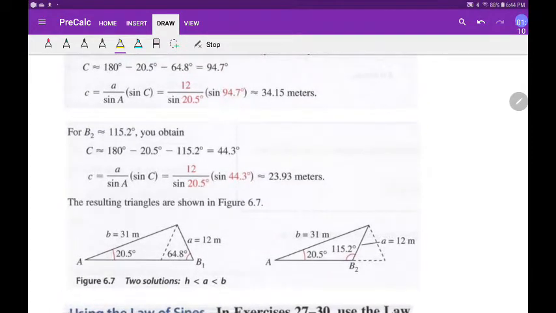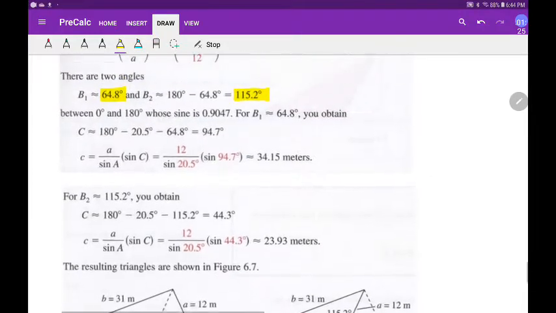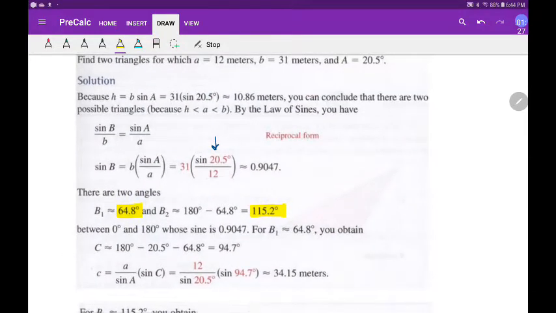Well, it goes back to A is between the height of the triangle and B. So we're going to lean on that to see if our situation is like that in our problem. And if you go back up here, will they show us? I know they will, I think.